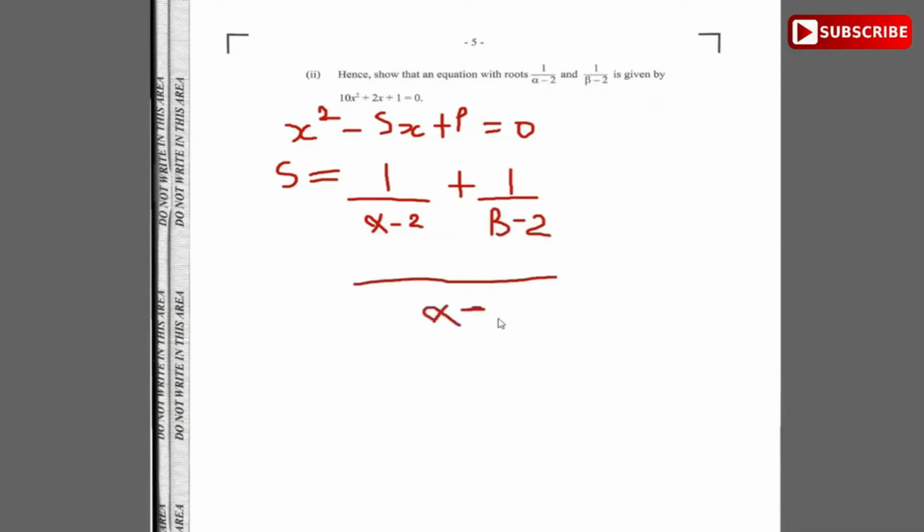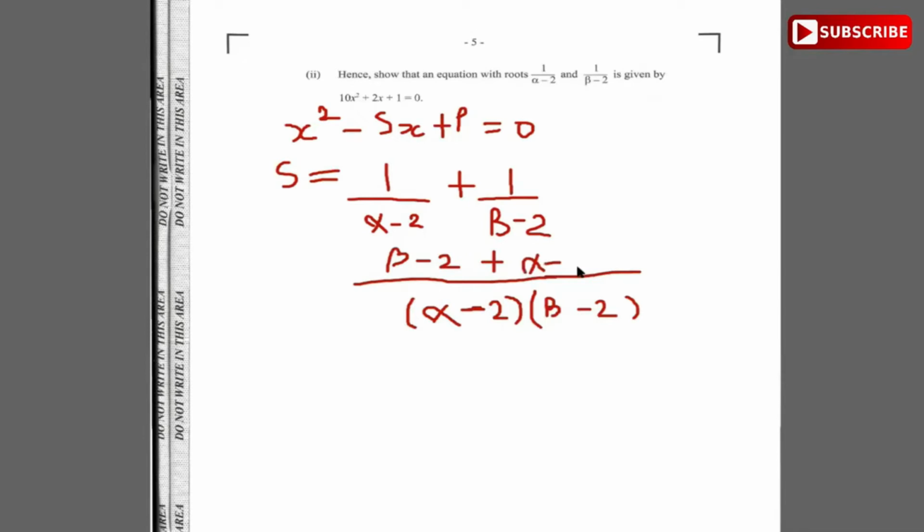Then alpha minus 2 into this denominator leaves beta minus 2, and beta minus 2 into this denominator leaves alpha minus 2.